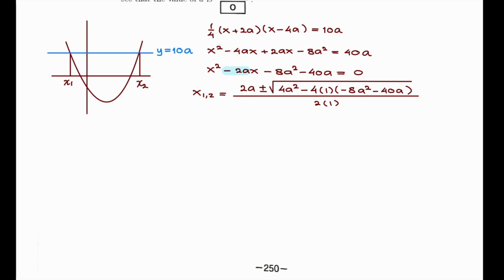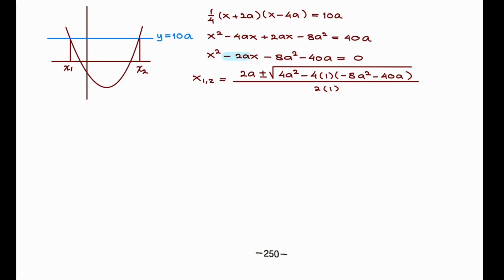If you simplify this expression, you will obtain 2a plus minus square root 4a squared minus 4 times negative 8a squared.